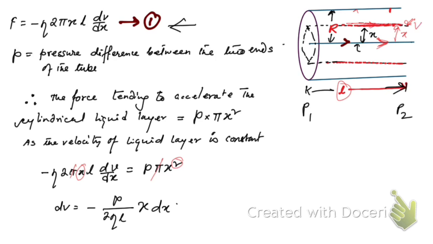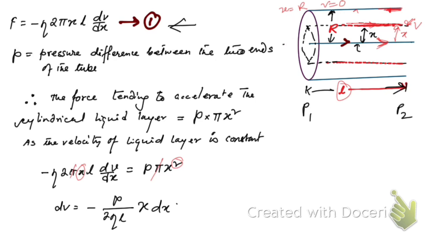And the layer which is in contact with the tube, where x is equal to capital R, the velocity is equal to 0, and velocity is increasing towards the center, right? The velocity is increasing from 0 to v. Okay, so hope you have understood this, right?